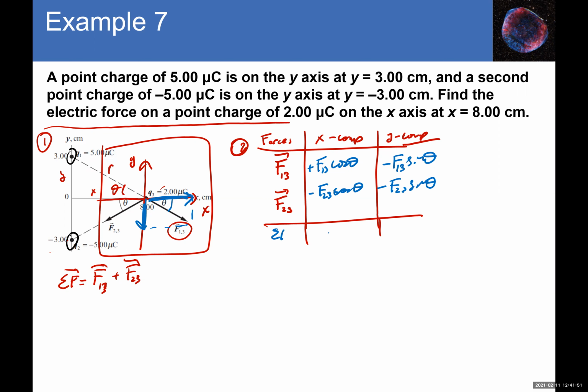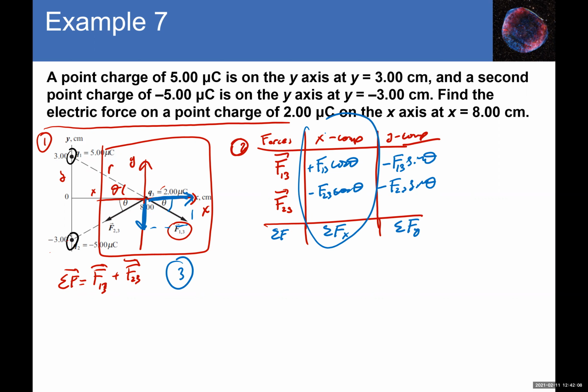And then the net force. The sum of the X column gives me the net force in the X direction, and the sum of the Y column gives me the net force in the Y direction. So the force table allows you to organize everything and put the correct directions for the components. Then step 3, you get two equations.